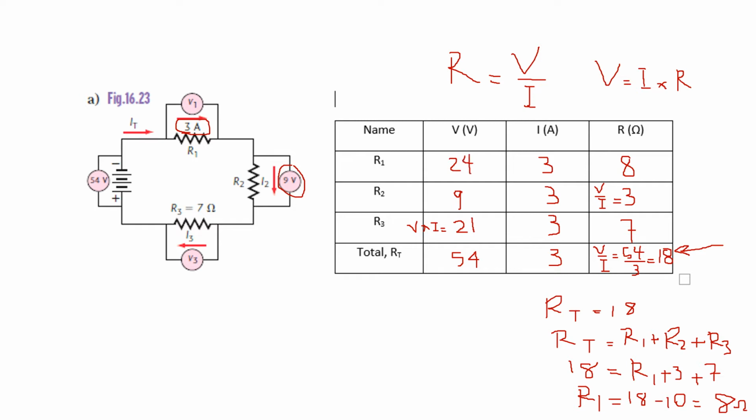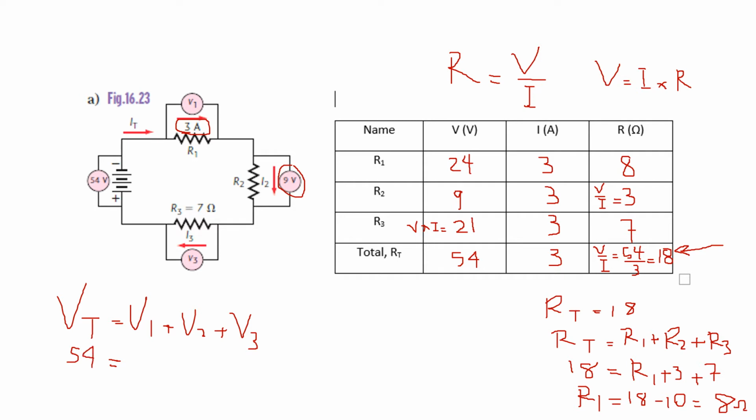You can always do a check at the end, because this is a series circuit. That means voltage total is equal to V1 plus V2 plus V3. And if you've done everything correctly, this should come up to 54.